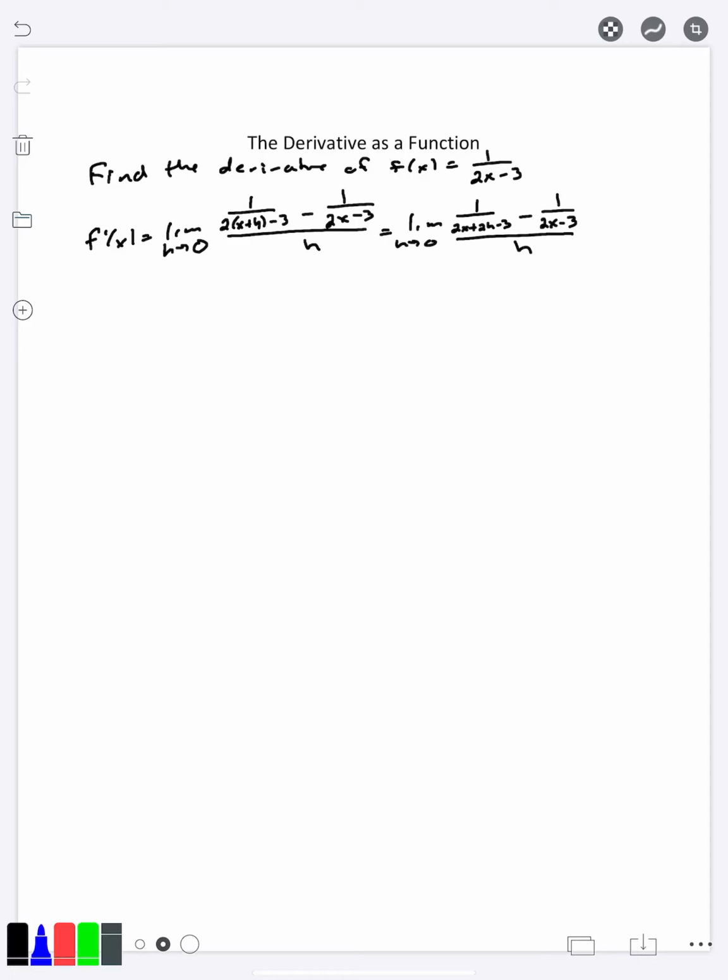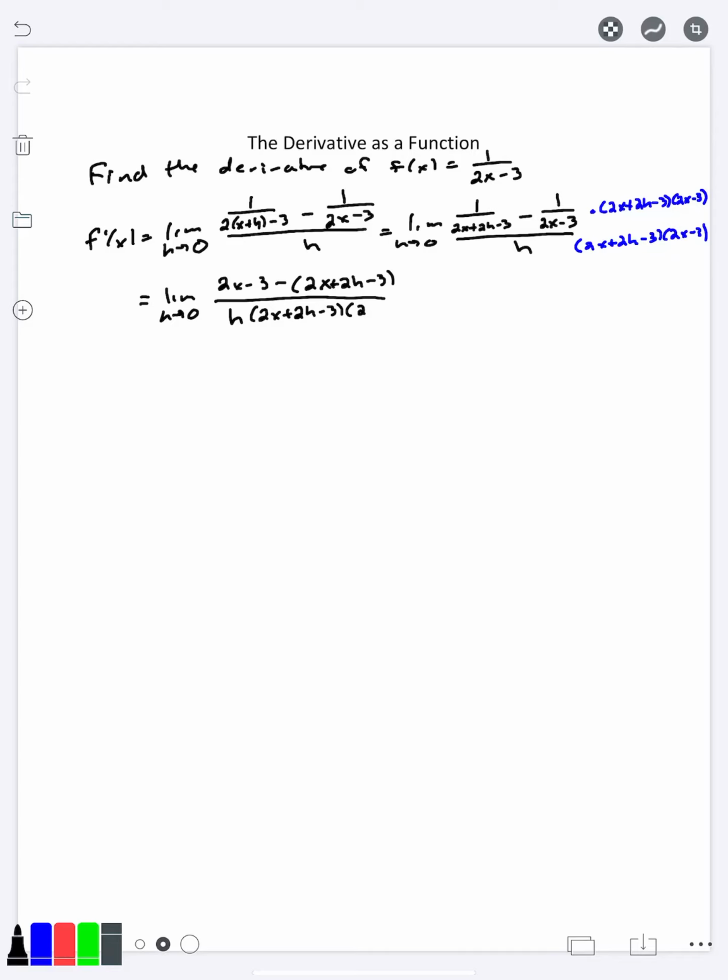So we're going to go ahead and multiply top and bottom by the LCD to get rid of the fractions. And then when we distribute on top here, we would have 2x minus 3 minus the quantity 2x plus 2h minus 3 over h times this previous common denominator here.